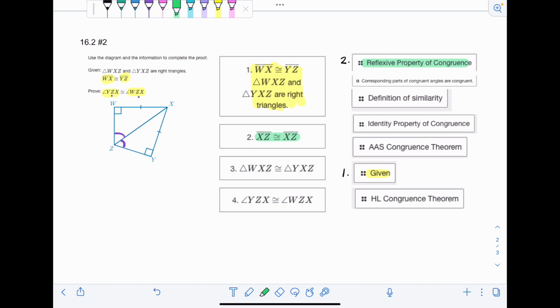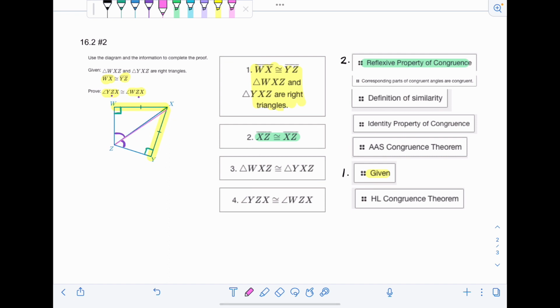Okay, so far what we have is that WX and YZ are congruent to each other. And then we have the right triangles, that was given to us as well. And then our most recent statement is that ZX is congruent to itself, or XZ is congruent to itself.